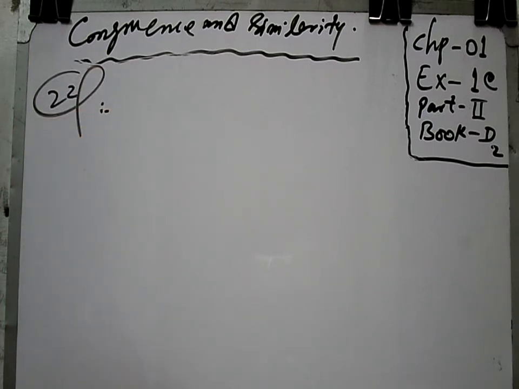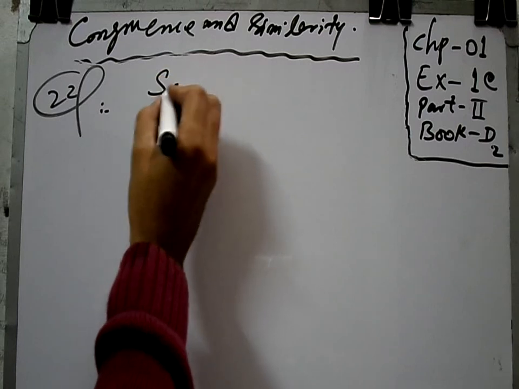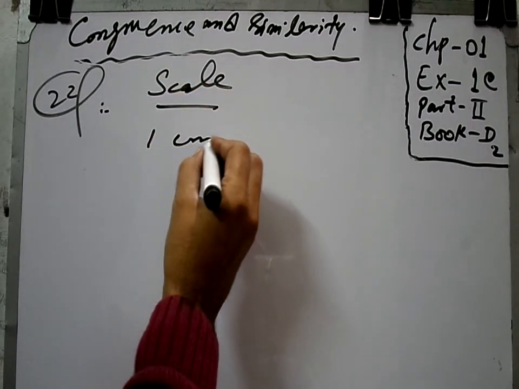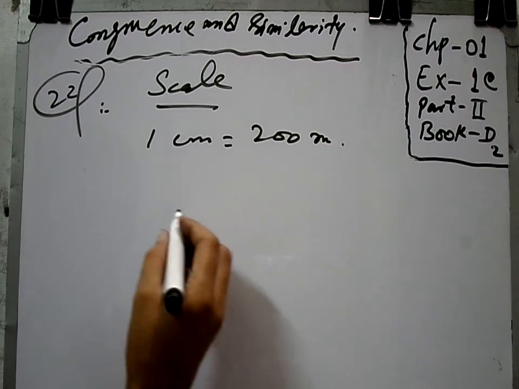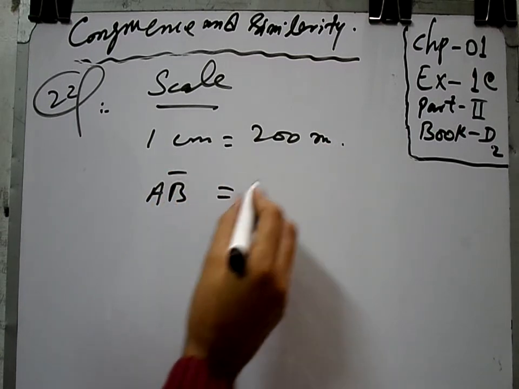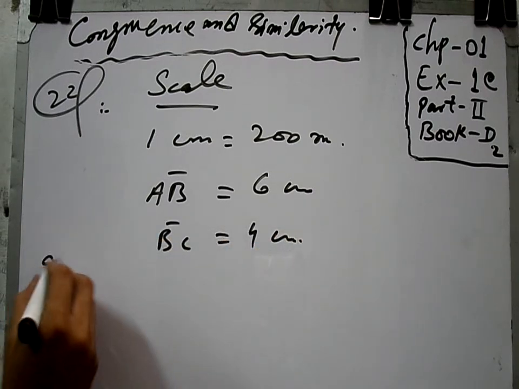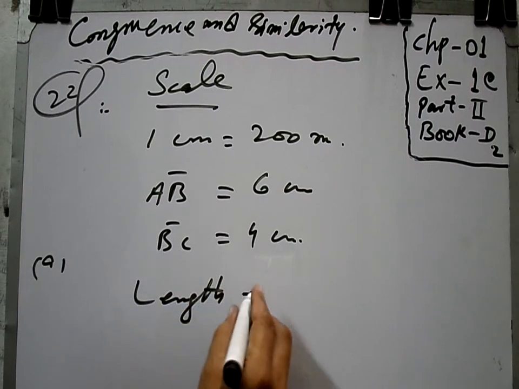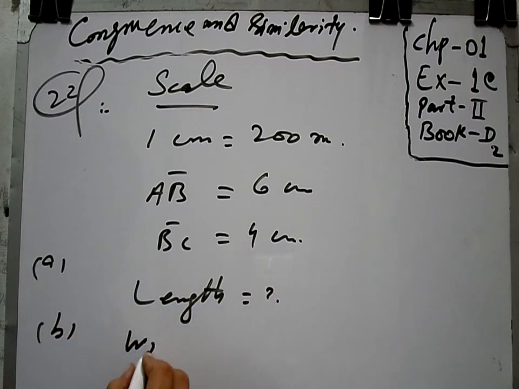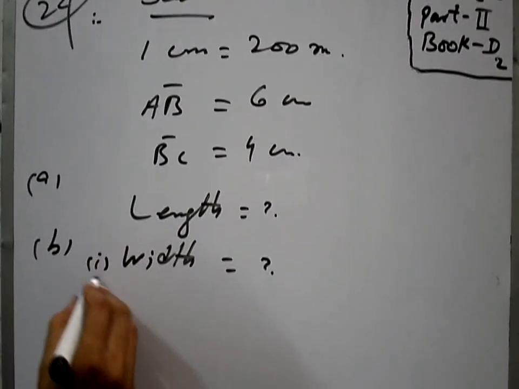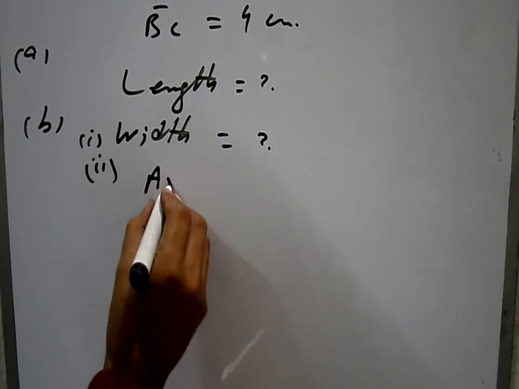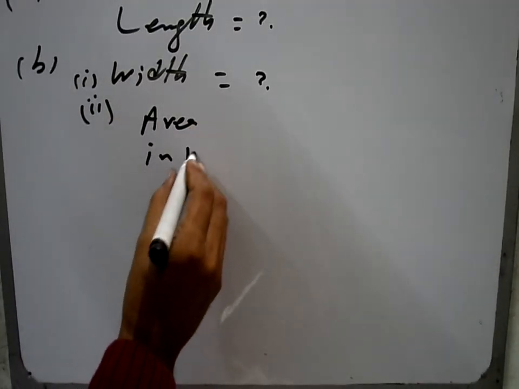In question number 22, read the statement, that is the figure shown below. We see the scale is 1 centimeter is equal to 200 meter. The length of AB is given to us, that is 6 centimeter, and BC is equal to 4 centimeter. In A portion we have to find the length, in B portion the width or breadth, and in the second portion the area in kilometer square.